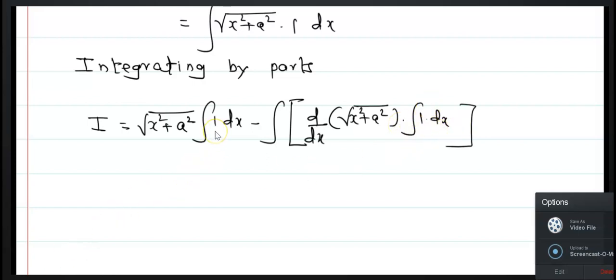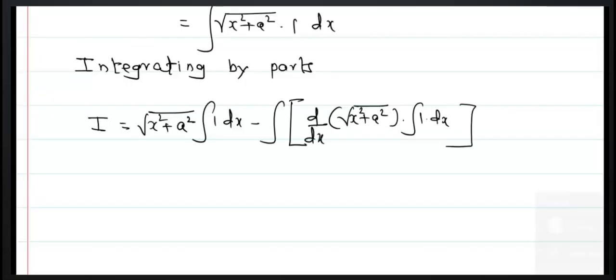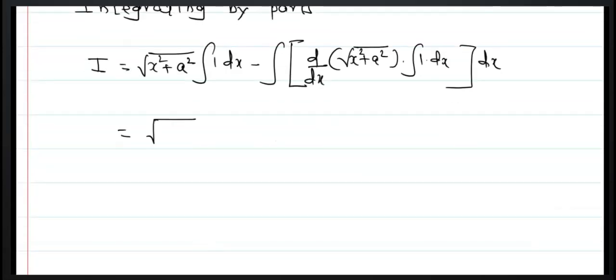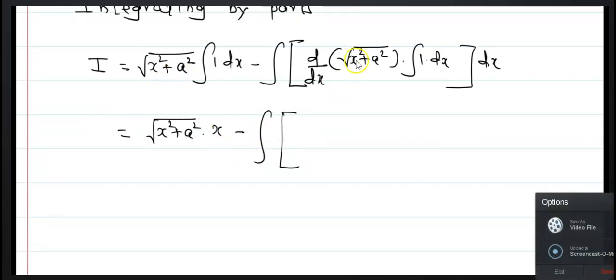The integral of 1 is x, and we want to find the derivative of root of x square plus a square. That is root of x square plus a square, integral of 1 is x, minus integral of the derivative of root of x square plus a square, that is 1 upon 2 root of x square plus a square into d/dx of x square plus a square.